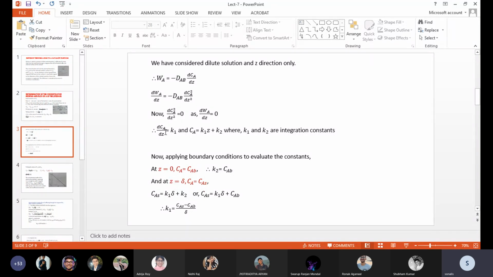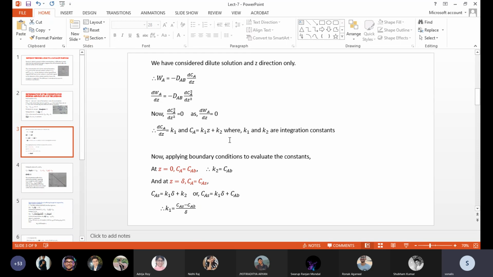So from here, if we integrate it, we get dCA/dz is equal to k1, and integrating again, CA is equal to k1 z plus k2, where k1 and k2 are the integration constants. Now we have to find the integration constant values by putting in the boundary conditions.